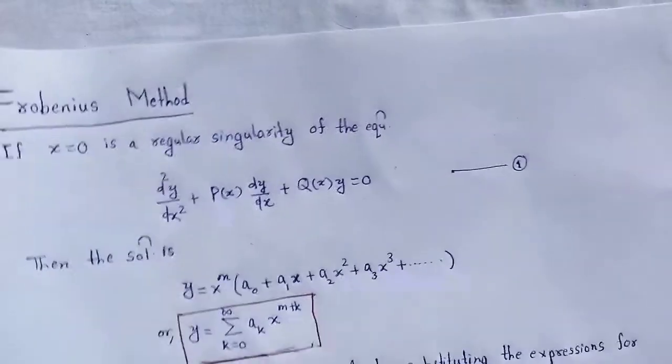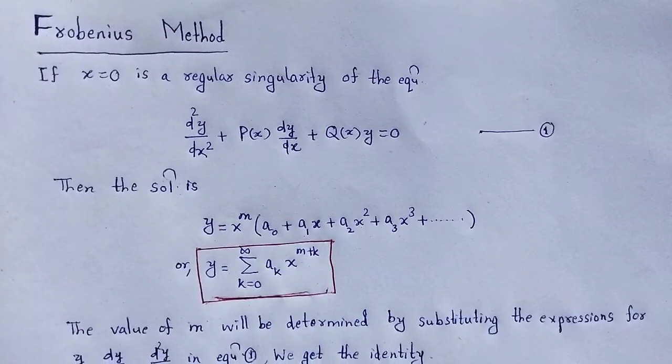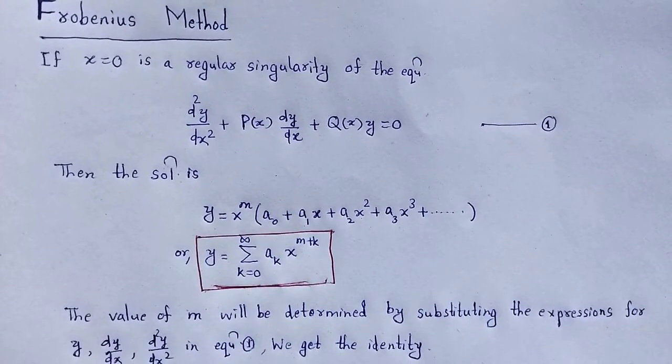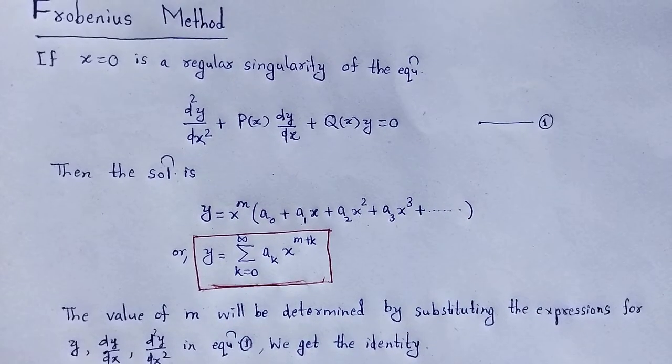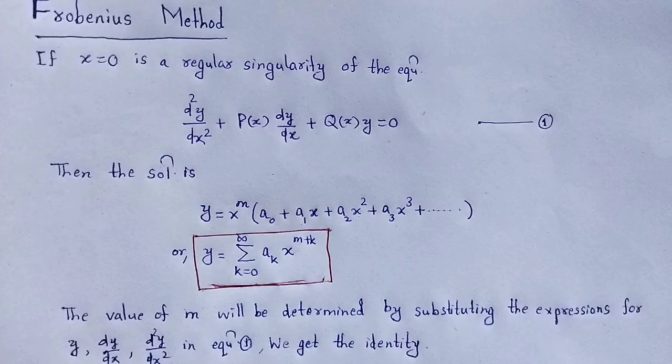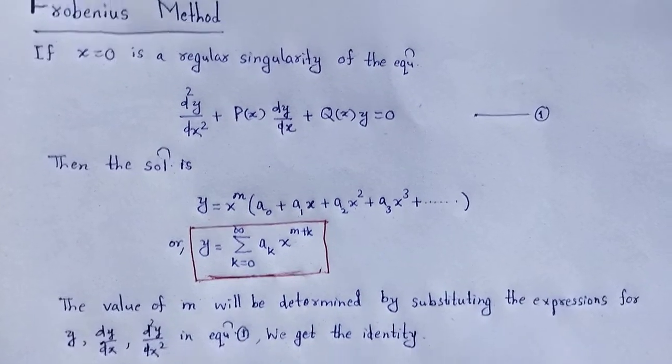So with the help of this video lecture, we understand the concept regarding the Frobenius method, that is the power series method to solve second order homogeneous linear differential equations with variable coefficients, with x is equal to 0 as one of its regular singular points.